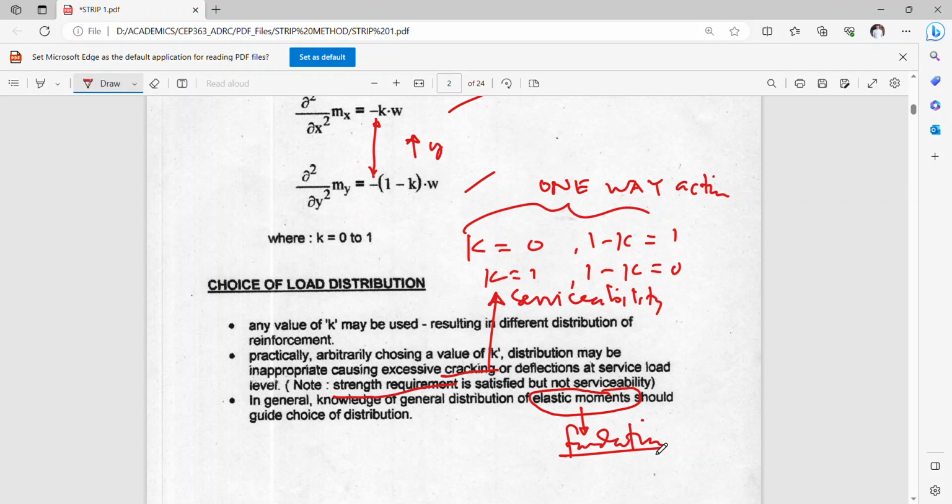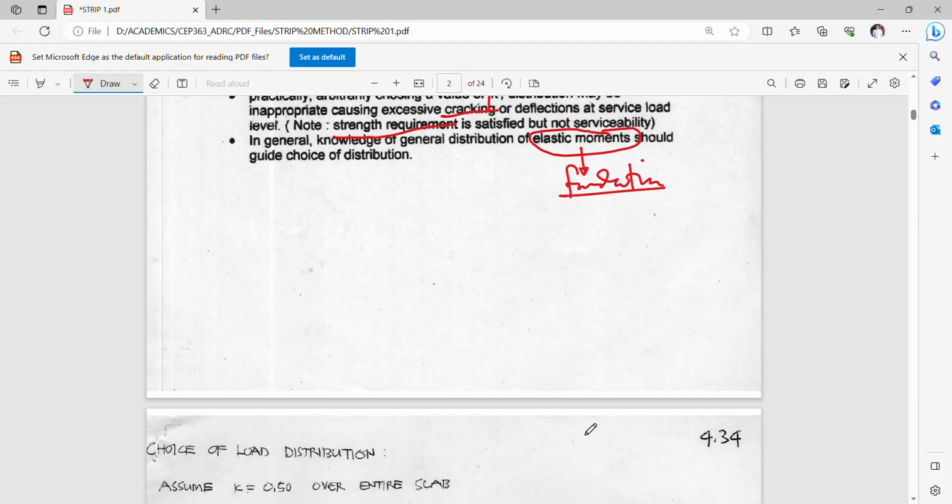If you are not familiar with elastic behavior, then it's very irrational for you to be able to capture the appropriate choice of your k value in this particular method.